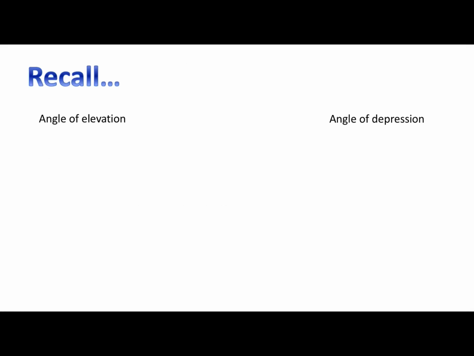Now, what did you learn in the previous videos? You learned about angle of elevation and angle of depression. Now, how do you describe them as simply as possible? Angle of elevation is when you look up. Angle of depression is when you look down. And how do you draw them?